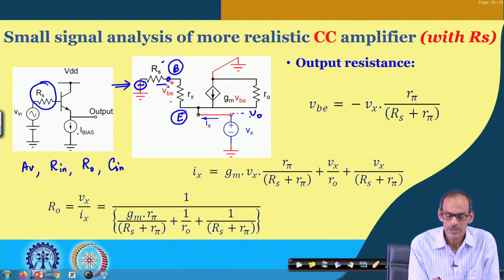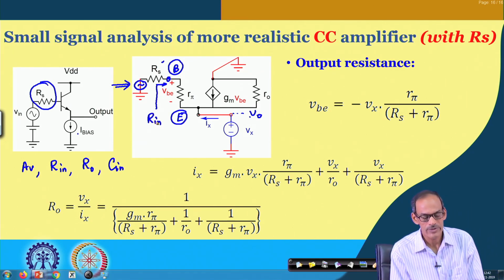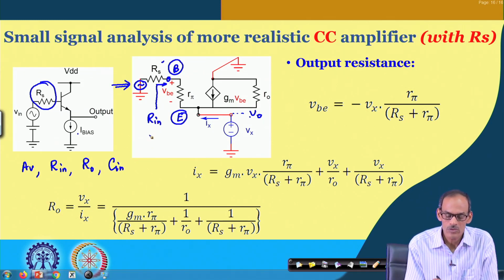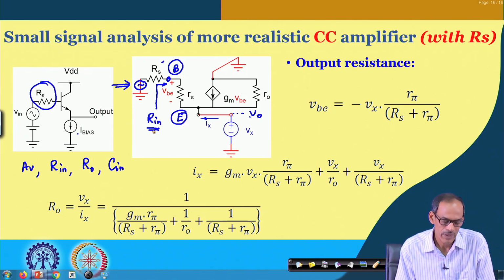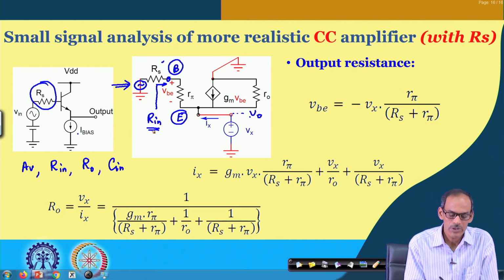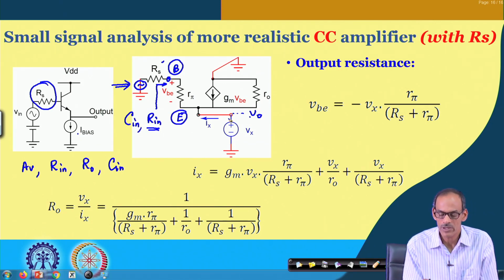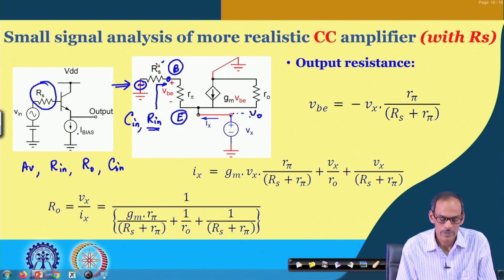In fact, the input resistance of this part remains the same as what we have discussed before. So, we are not going to repeat the analysis for this R in. Same thing for C in also. C in remains unchanged from base terminal to the emitter terminal, even if I consider R s.